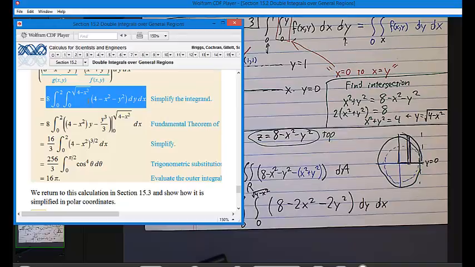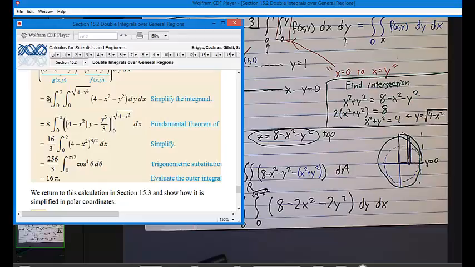Interesting, something a little different about what they did. They have an 8. What else is different? Well, they have 4 minus x squared minus y squared. So they basically took one of the 2's out, which makes sense. Right? Why not?